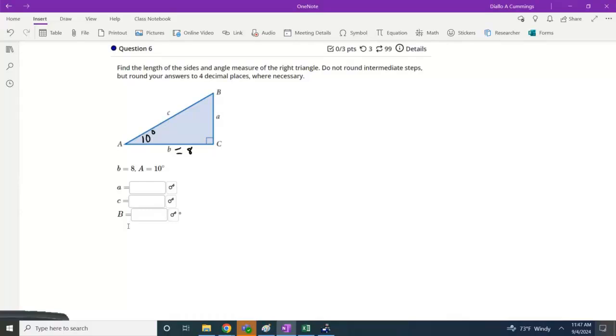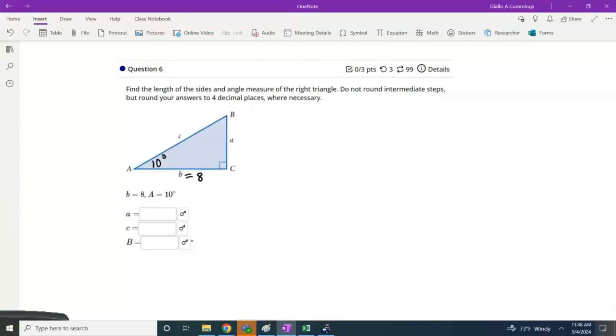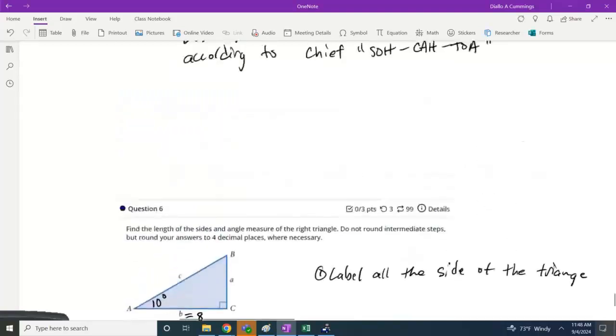All right, so let's take a look at finding these measurements. The first thing I'm going to do is label all the sides of the triangle. When I say label all sides, I want to find the hypotenuse, the opposite, and the adjacent, because all of those things are in Chief Sohcahtoa.